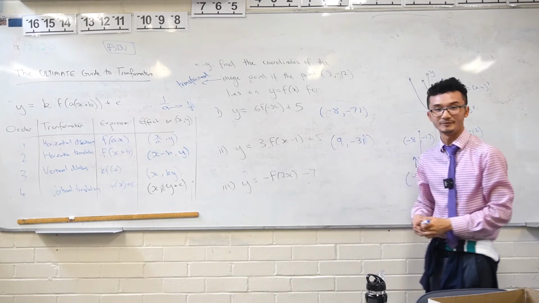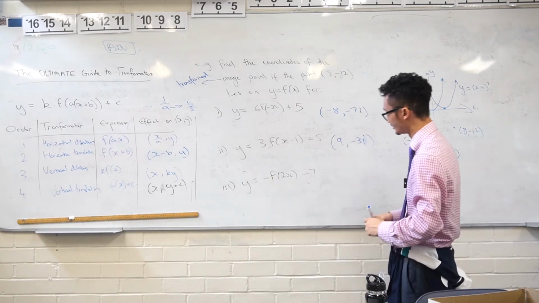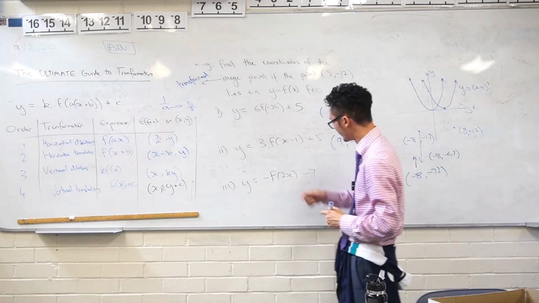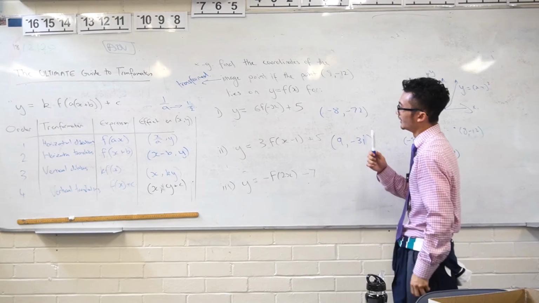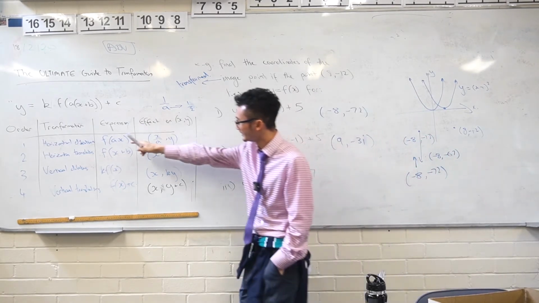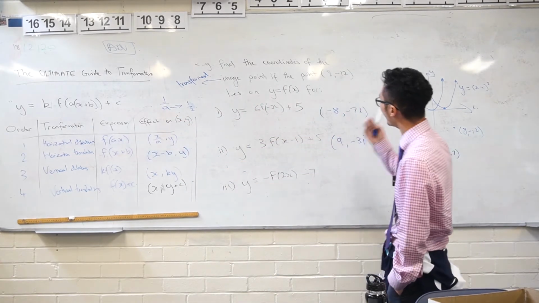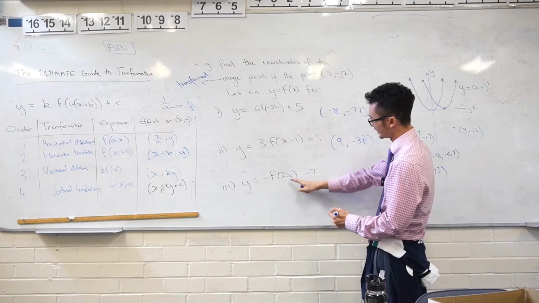All right, so just do this bit by bit, maintaining that same order. Last but not least, we've got this one over here. I'm going to start off with the horizontal dilation again. This is where you do need to be careful because you can see it's multiplied by 2. So a is 2 in this situation, but remember that's a scale factor of 1 on a. That means you're actually halving the x value. So that's something just to be aware of.